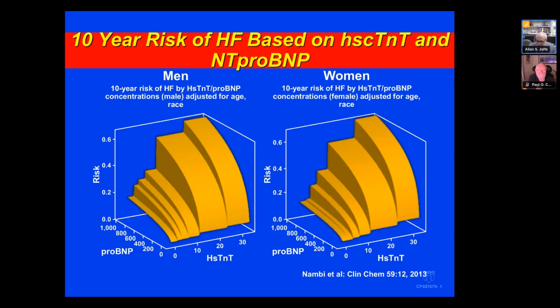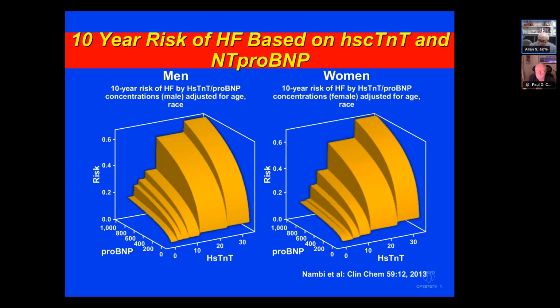In this slide, you can see something we've known for a very long time, and that is that although we have a variety of cutoff values to look at acute heart failure, and they're very high, values that are substantially lower are also predictive when one looks long-term, whether it is men or women.